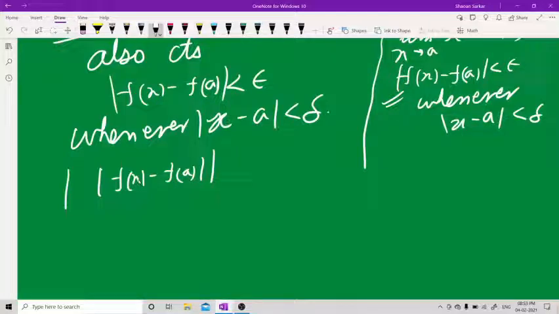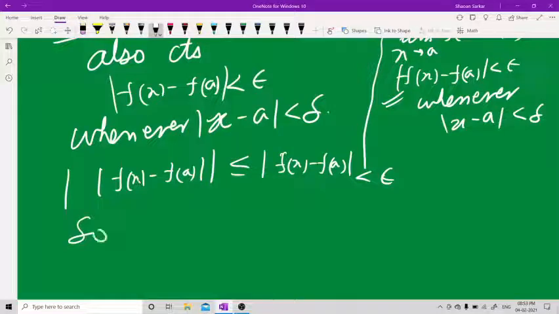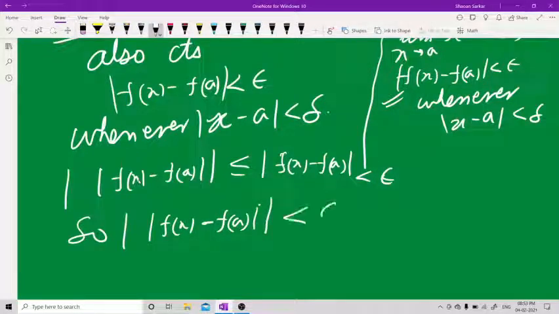Now this is less than mod of f(x) minus f(a), and f(x) minus f(a) is less than epsilon because it is continuous. So mod of f(x) minus mod of f(a), whole mod, is less than epsilon because of this result.